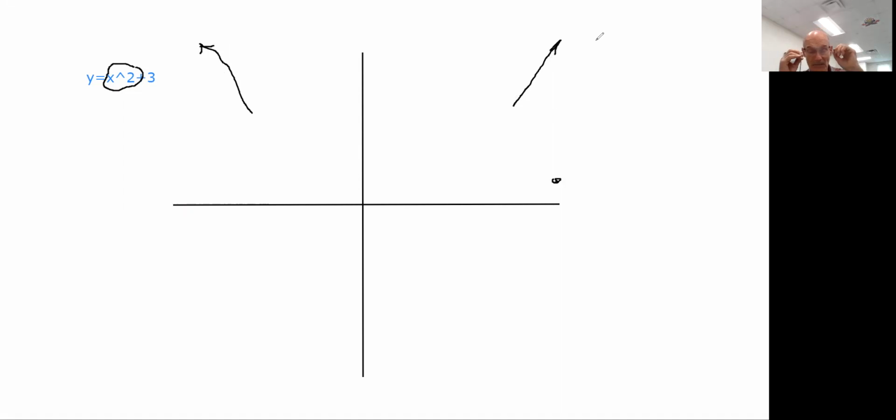So when we talk about end behavior, you look at the largest term in your expression, and that tells you which way to go.